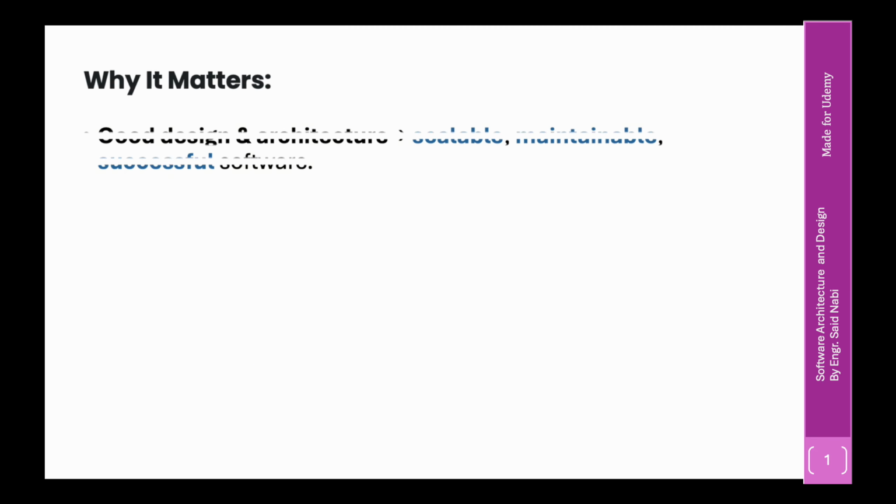Okay, now let's talk about the importance of software architecture, why it matters. Good design and architecture produce scalable, maintainable, and secure software that is successful. Good software is not magic, it starts with good design and strong architecture. When architecture is good, software can grow, it's easy to fix, and it lasts.